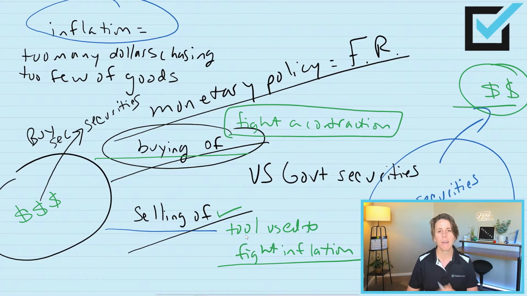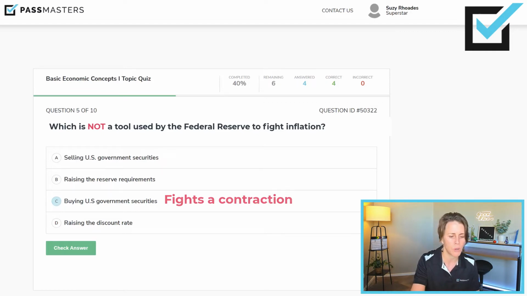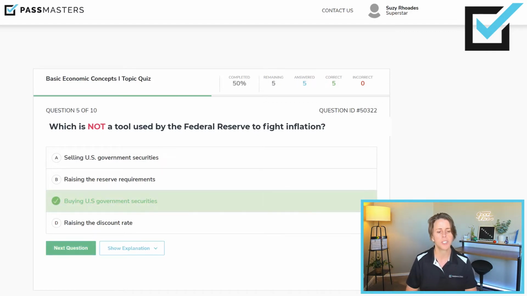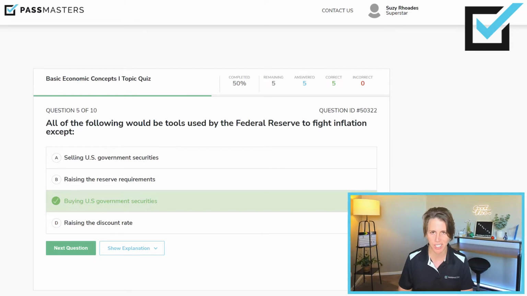Buying fights a contraction, selling fights inflation. Now let's go back to the question. Selling U.S. government securities would be used to fight inflation. Buying U.S. government securities is done to stimulate the economy. So buying U.S. government securities is the correct answer to this question because it is not a tool used by the Federal Reserve to fight inflation.